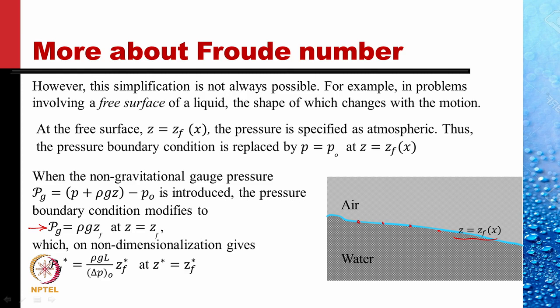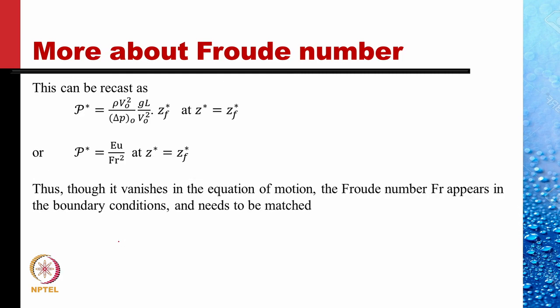Now, the gravity and consequently the Froude number appear in the boundary conditions, so that the boundary condition becomes P star is equal to Euler number divided by Froude number squared at z star is equal to zf star, the free surface. Thus, though the Froude number vanishes in the equation of motion, the Froude number Fr appears in the boundary conditions and needs to be matched for similarity.